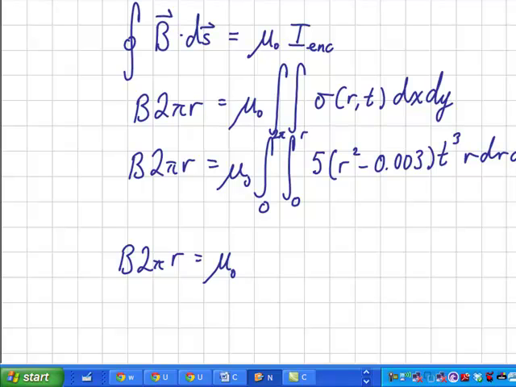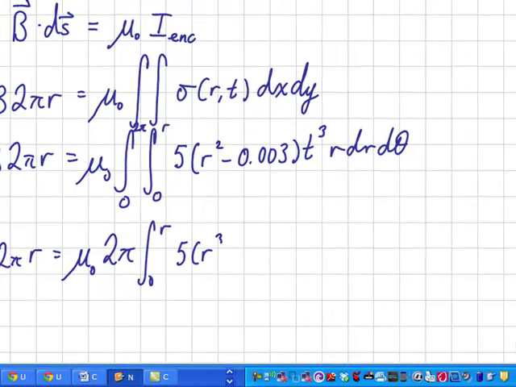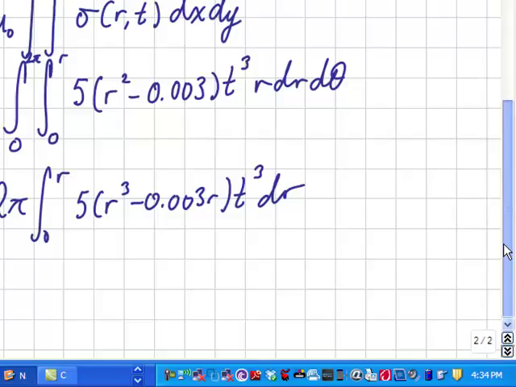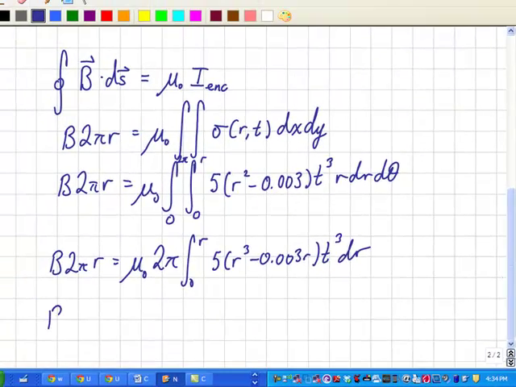I'm going to do the theta integral first. That's just going to turn into a 2 pi. And then in our r direction, I'm just going to be careful to multiply through by r before I integrate. The t is just going to hang out, as we're not doing anything with that yet.